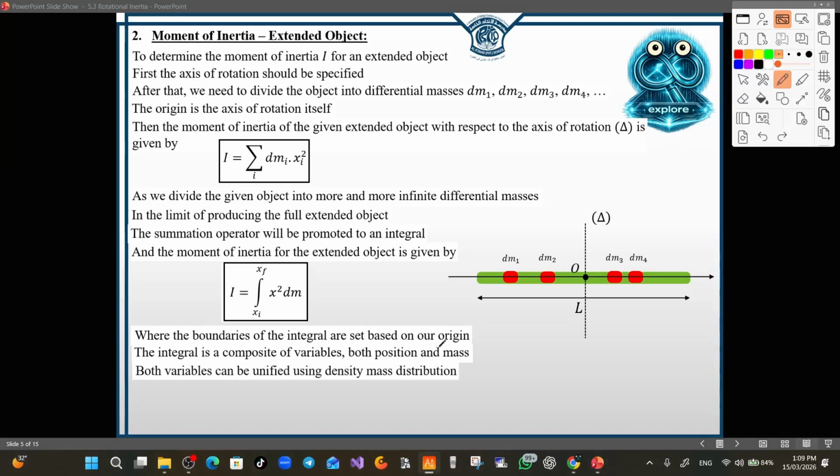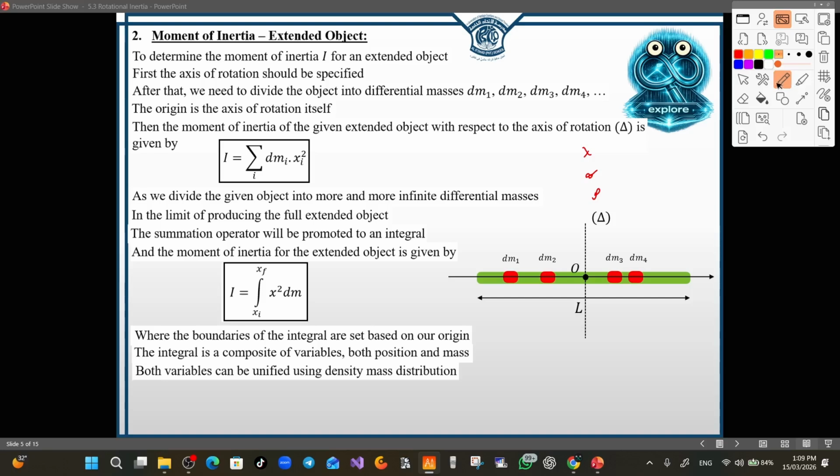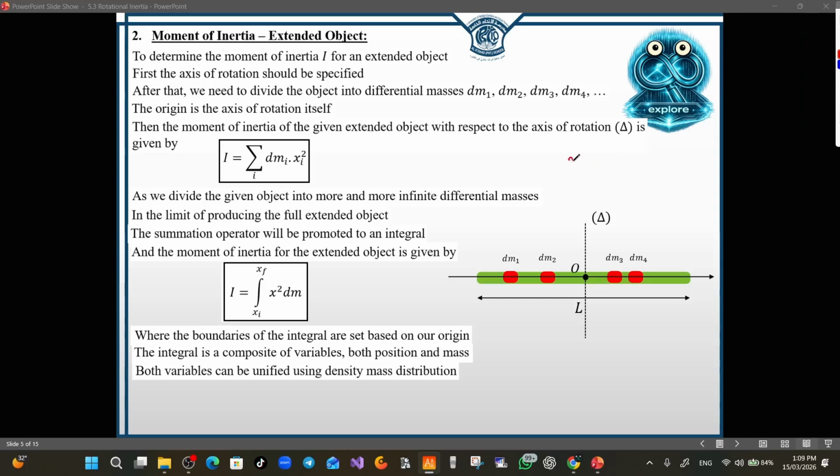Now let me remind you, with the density mass distribution, it can be lambda, sigma, or rho. Now lambda is the linear mass density, sigma is the surface mass density, and rho is the volume mass density. And we know that lambda is given by dm over dx. So most of the time, you're gonna find lambda written as a function of distance.